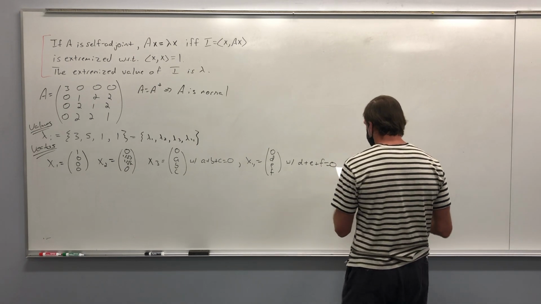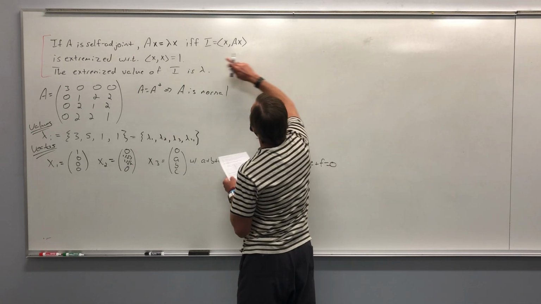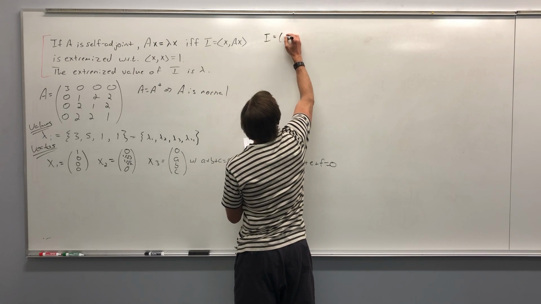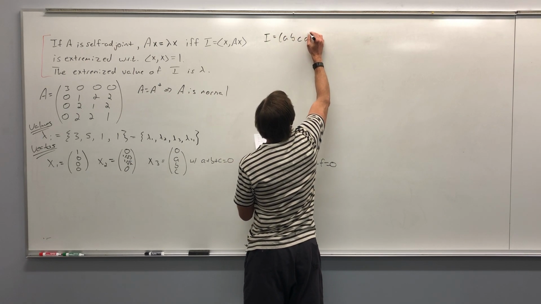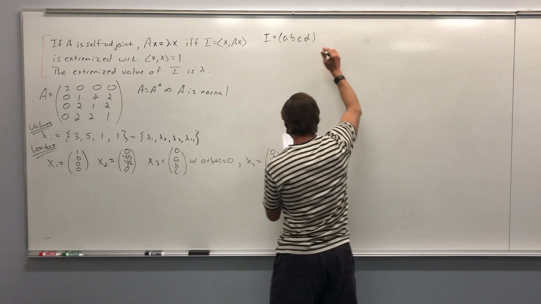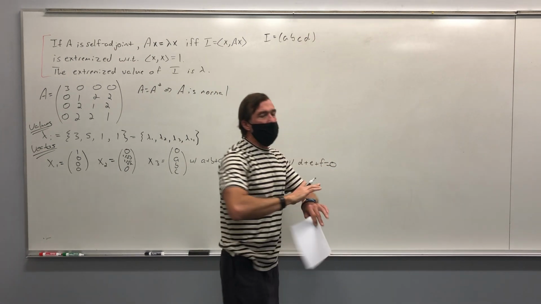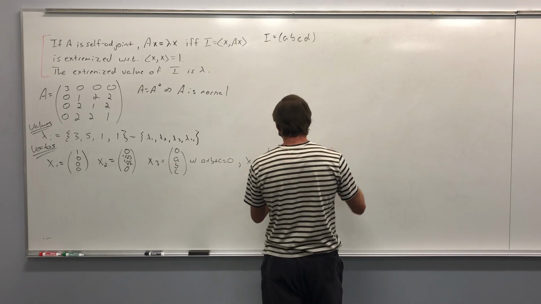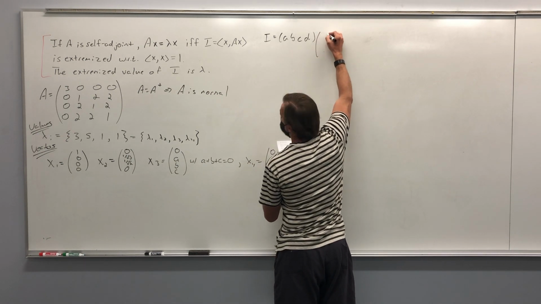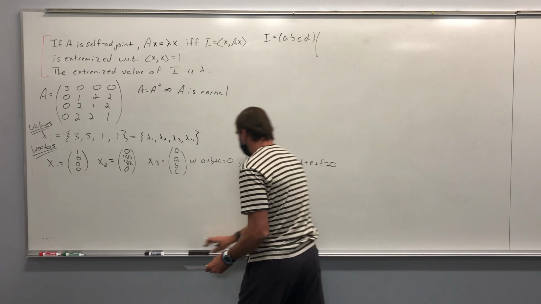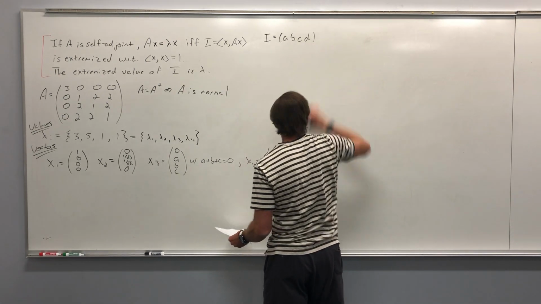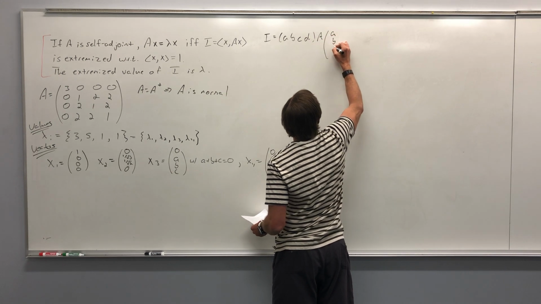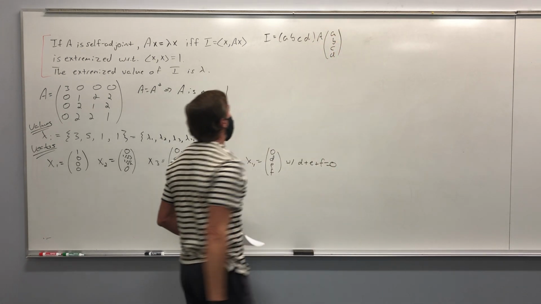But at any rate, now what I want to do is fashion this quantity I. So we're going to take I as A, B, C, D, which are just the components of X, and then A. We're going to make everything real in this case, so don't worry about complex conjugating things. Okay?